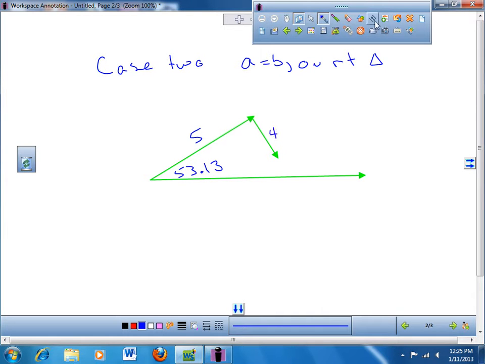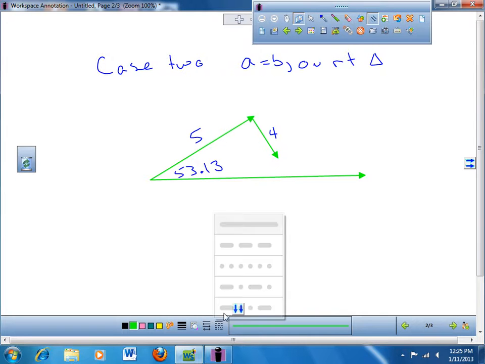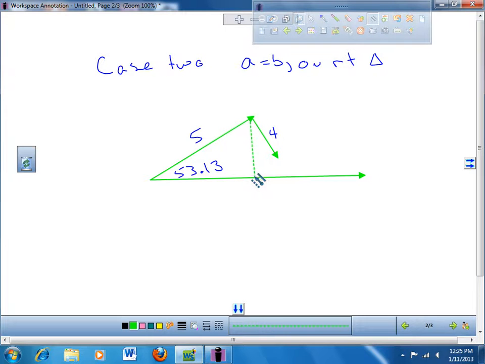Then I do the same thing: I try to find the height of this triangle. Look at how I use that dotted line. I call that h. So in this case, sine of 53.13 equals h over 5.